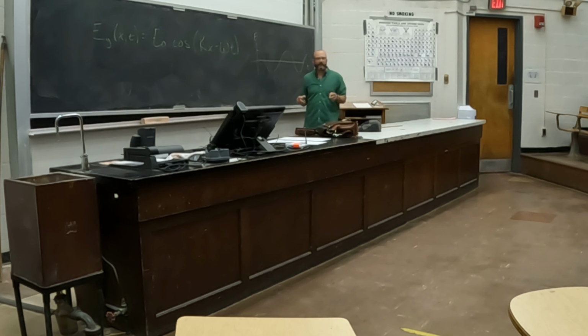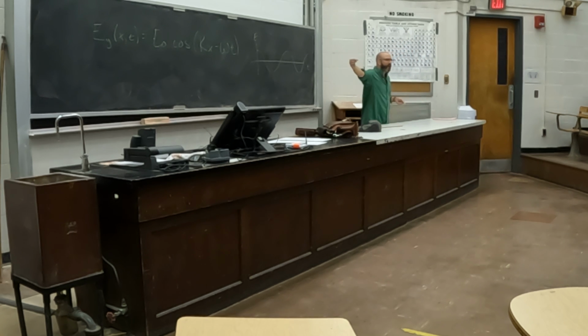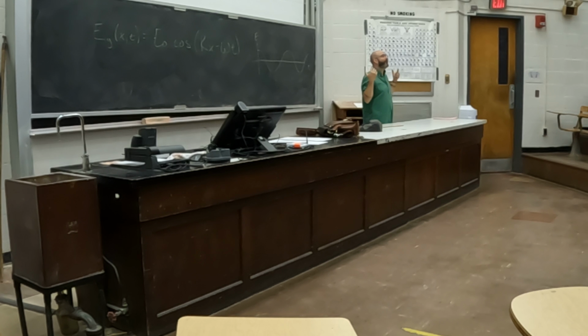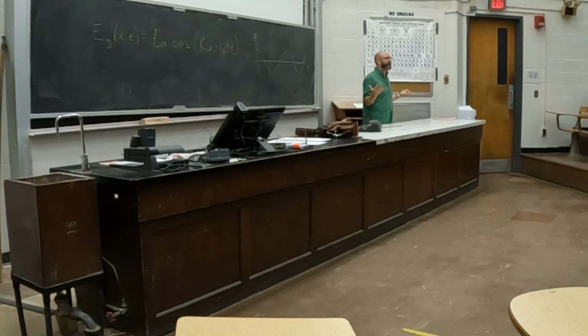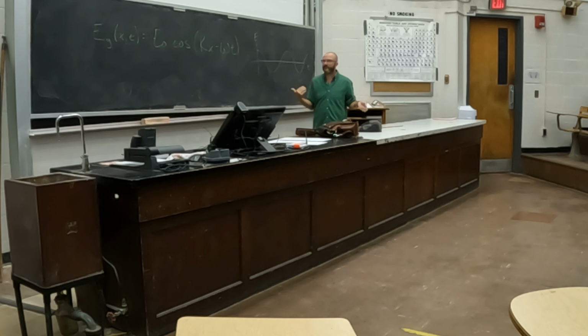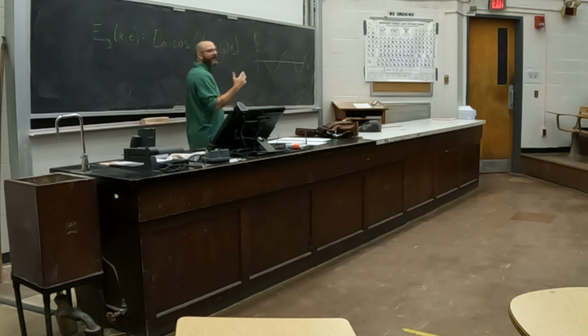But here's the idea. If this electric field is oscillating in the y direction and also propagating in the x direction, right, where it is has got to be a function of x and also how long it's been propagating. Right? That's what we're saying. I can't draw that because I don't have the three-dimensional skills. No one really does. But that's what we're saying.